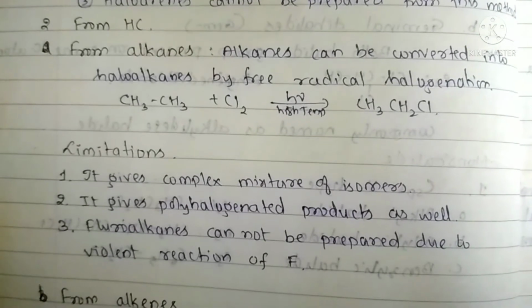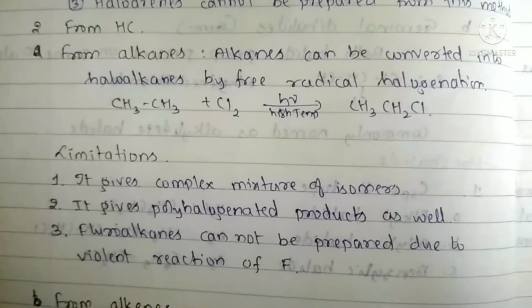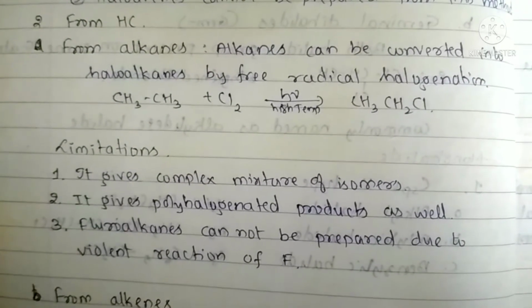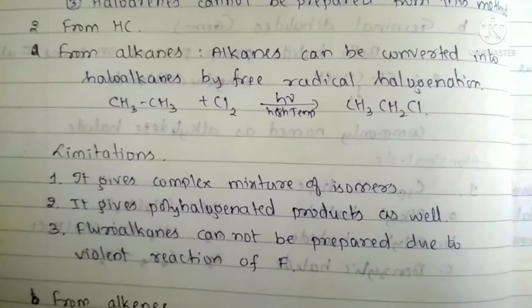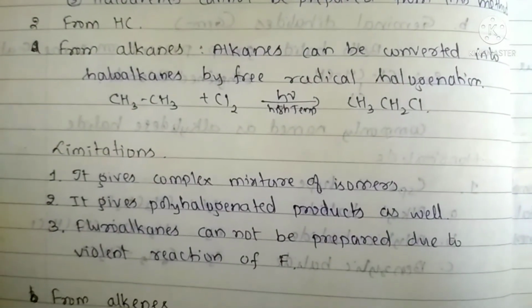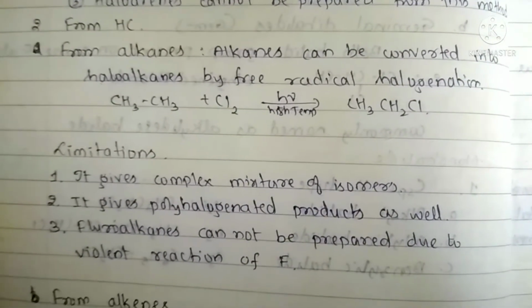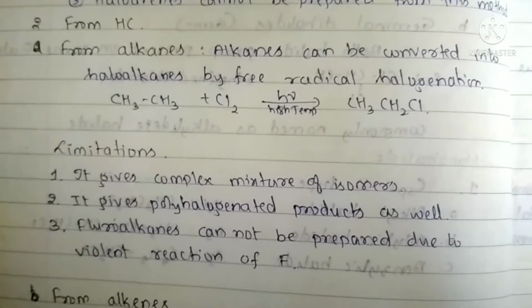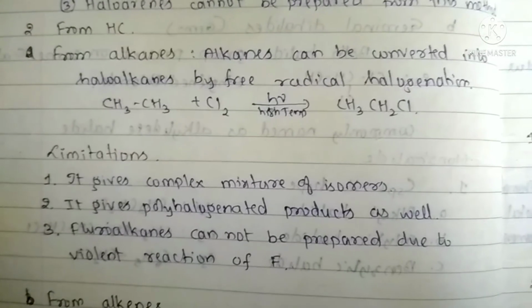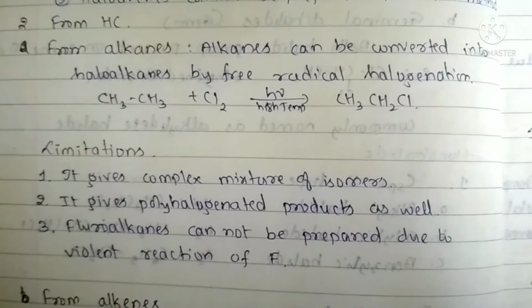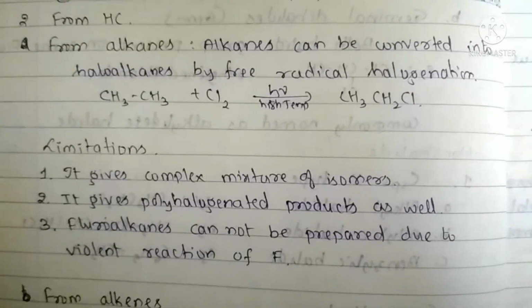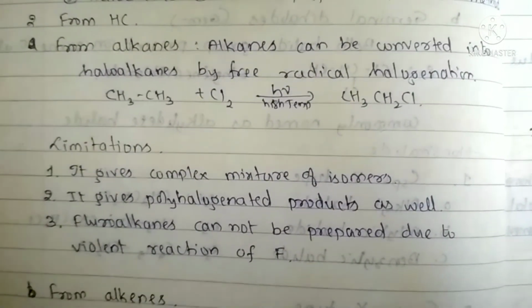But the limitations of this particular process are, these reactions give a complex mixture of isomers, and also sometimes they give polyhalogenated products as well. That means not the monohalide, we may also get dihalide, polyhalide, etc. And the third limitation, fluoroalkanes cannot be prepared from this particular method, again due to violent reaction of fluorine.